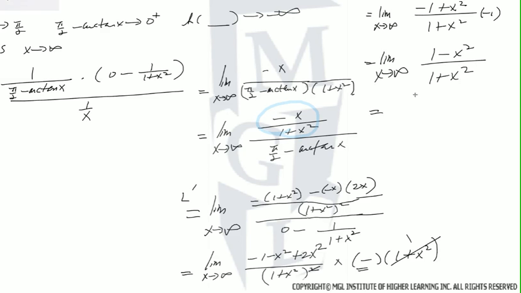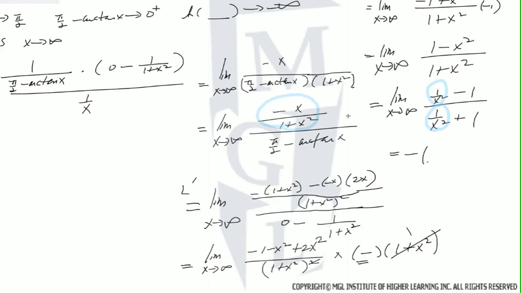If you apply the limit, divide top and bottom by x squared, and we get 1 over x squared minus 1, over 1 over x squared plus 1. So as x approaches infinity, these two guys will approach 0. The whole limit is approaching negative 1.